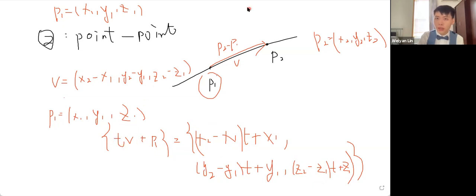This is your tv part. But we also have to add your P1. So that's why you add x1 to the x coordinate, y1 to the y coordinate, and z1 to the z coordinate. That's the complete formula if we only know 2 points.